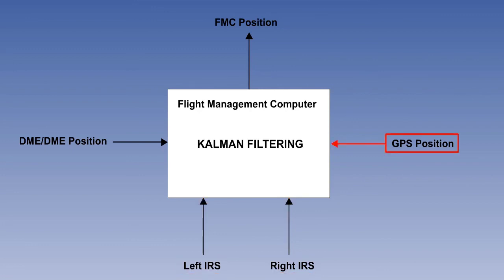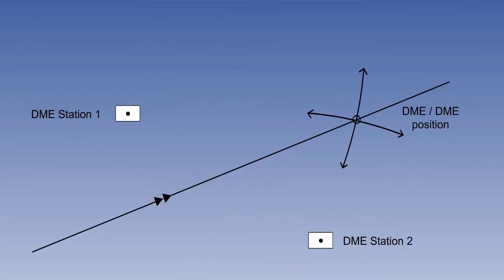These IRS positions are compared with independent sources, such as Global Positioning System or GPS, and computer-generated calculation of crosscut positions, which have been obtained from ground-based radio beacons called distance measuring equipment. The computer automatically selects those DME stations along the route which will give the best crosscut, and calculates an independent new position several times a minute. The crosscut positions are called DME positions.